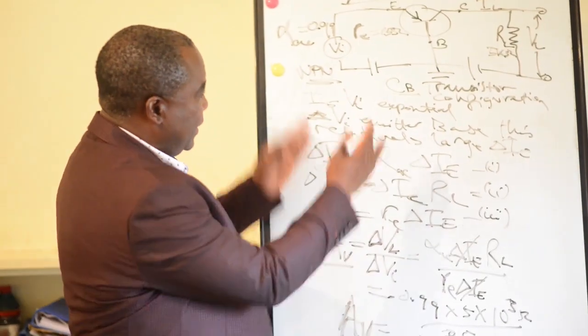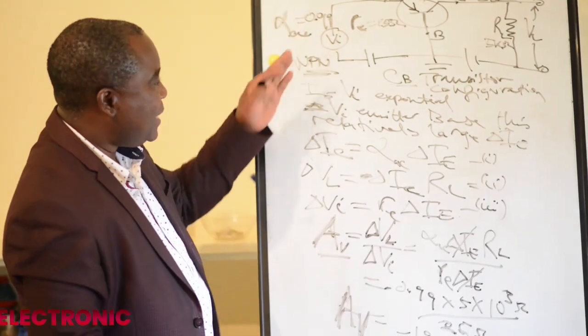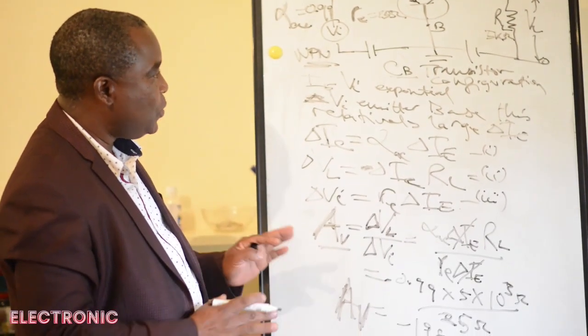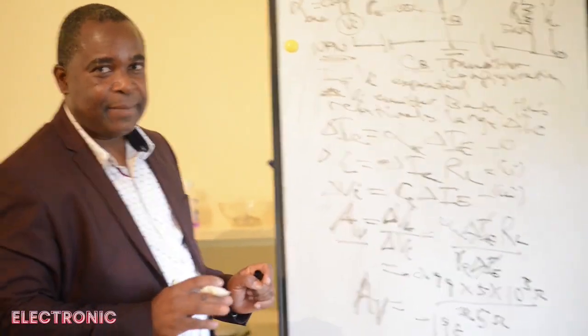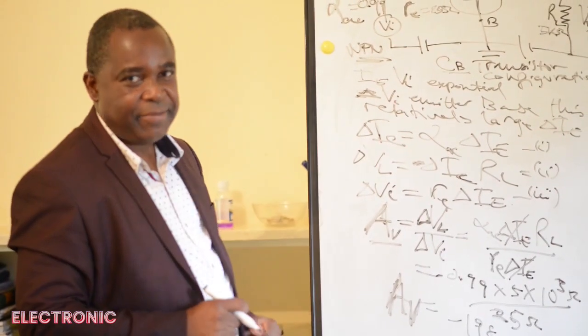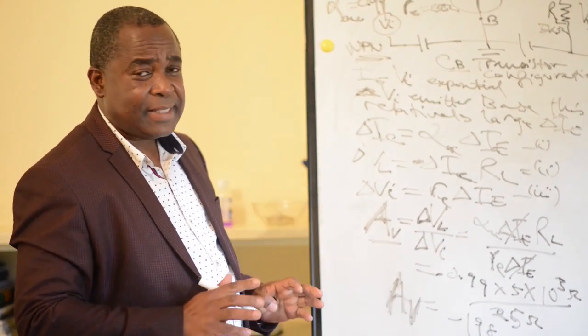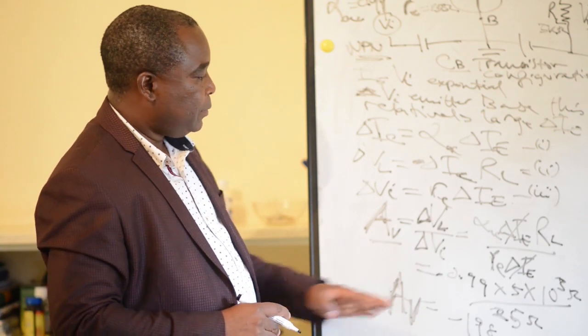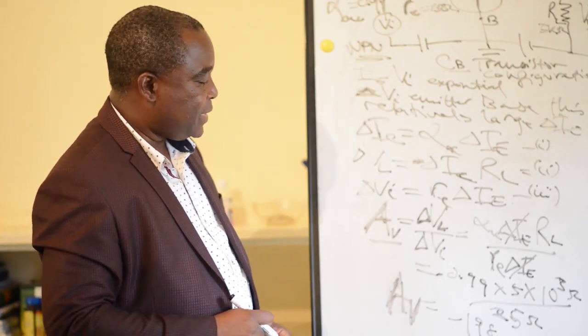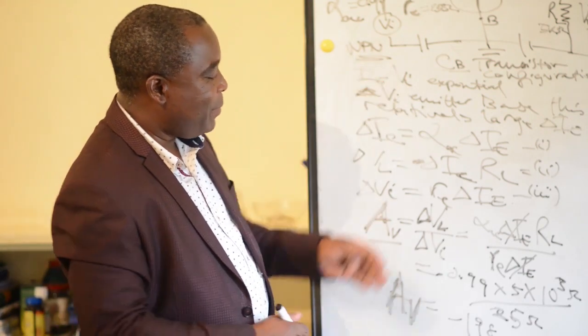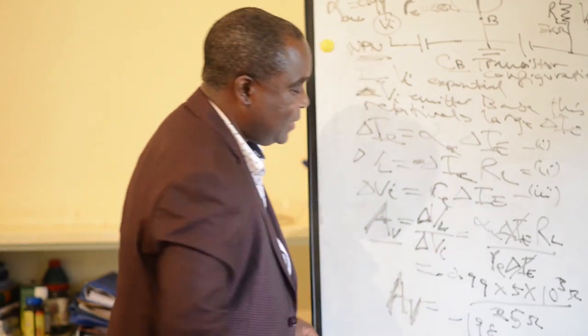So all the calculations, the parameters, and the configuration show how a transistor can be used for an amplifying effect in our circuits. Any signal coming in will be amplified 198 times.